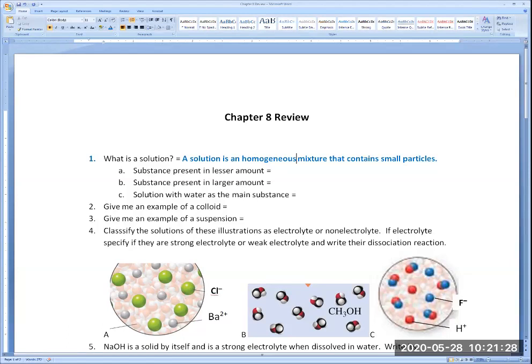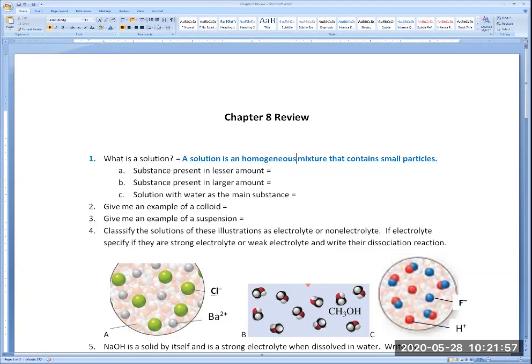It's a solid solution made of zinc and copper mixed at the atomic level, and it looks like a new metal, but really brass is a mixture of two different metals, copper and zinc, mixed so well at the atomic level that it looks like a new metal that we call brass. So that's an example of a solid solution.